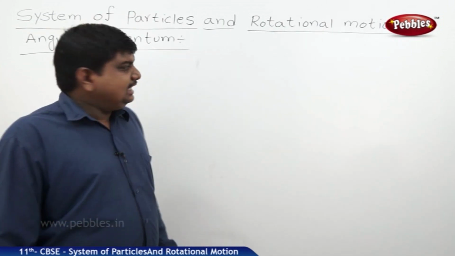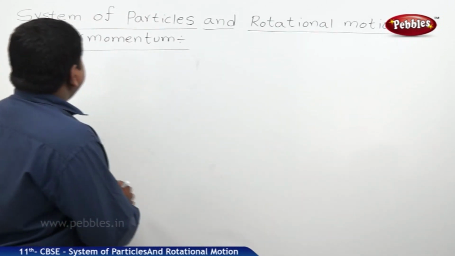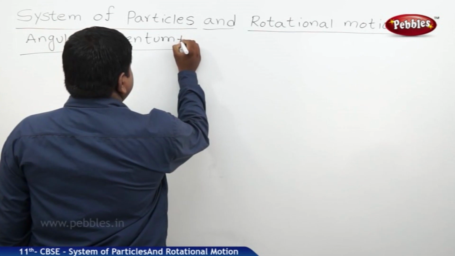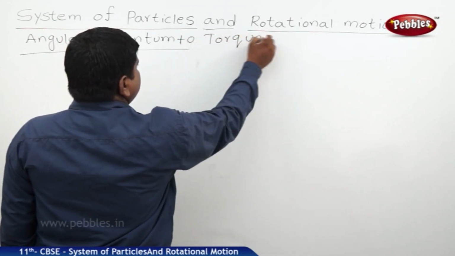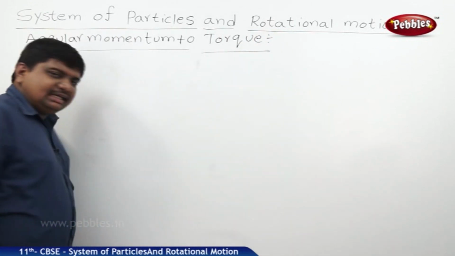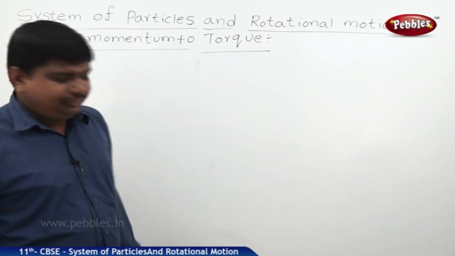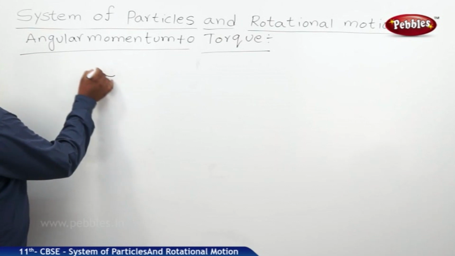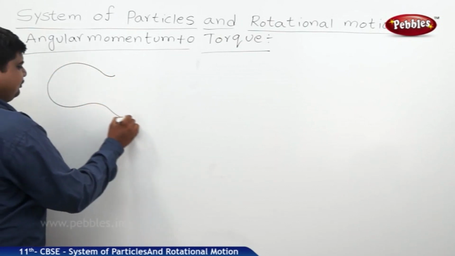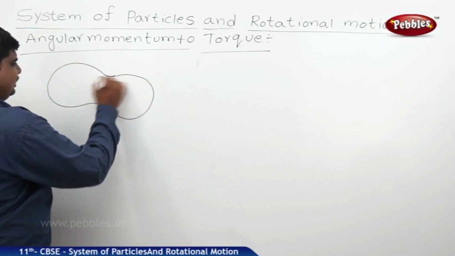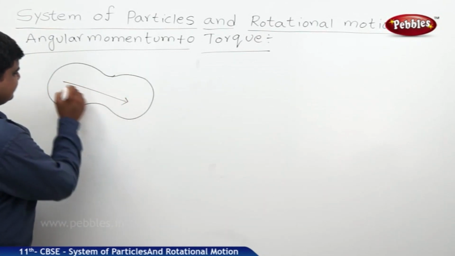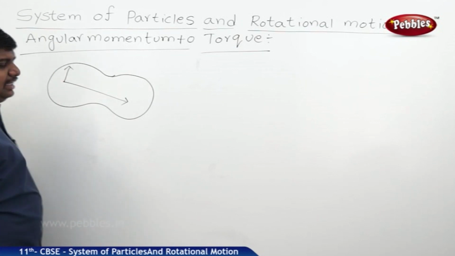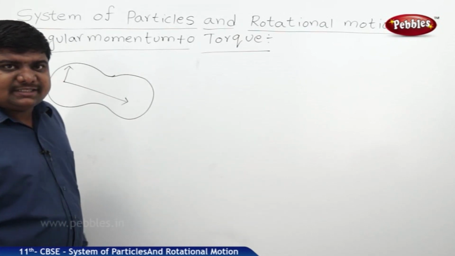The next concept is the relationship between angular momentum and torque. So we should define the relationship between torque and angular momentum. For that purpose, let us take a reference frame which is able to rotate about a fixed point, and the body is simply sliding like this and rotating with respect to the perpendicular coordinates.